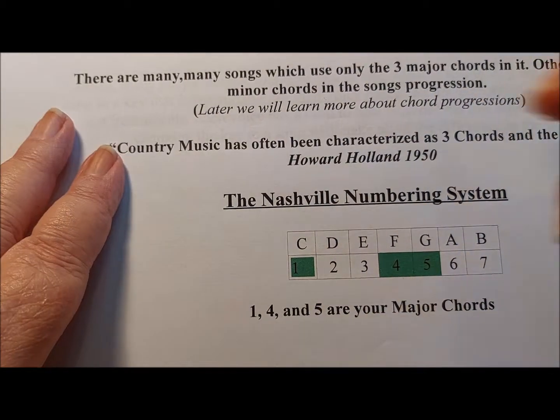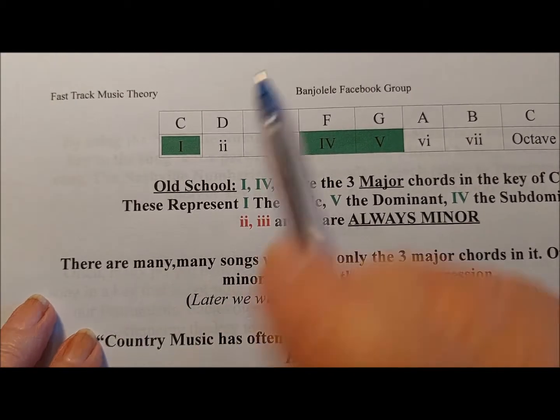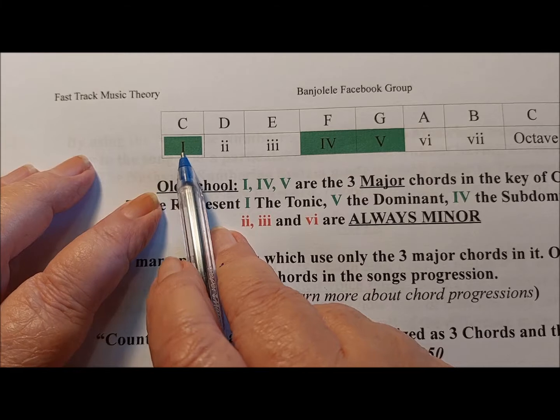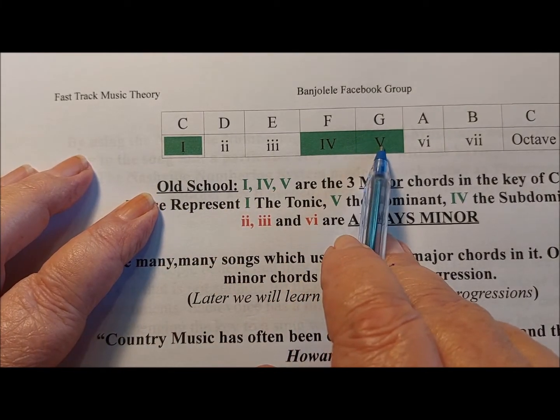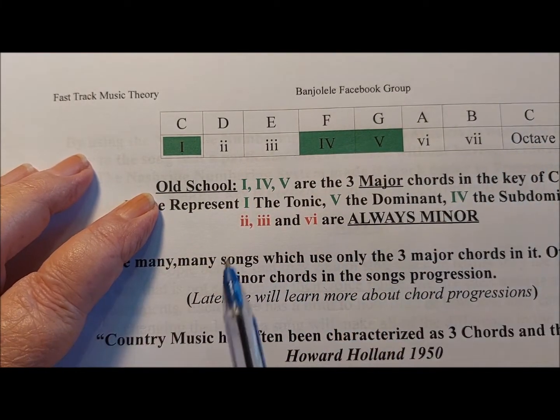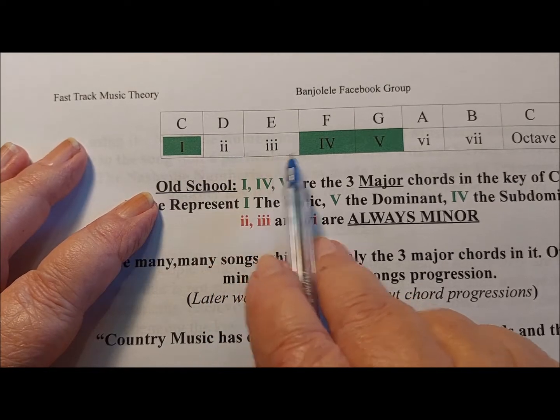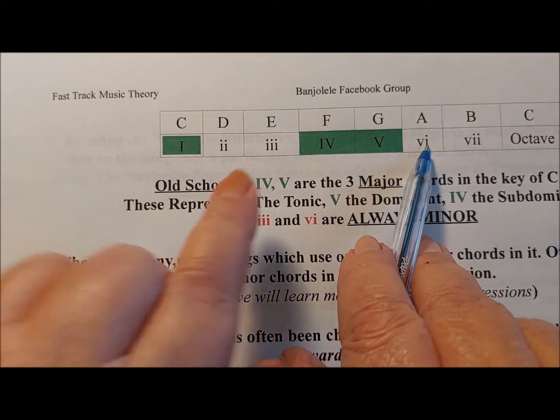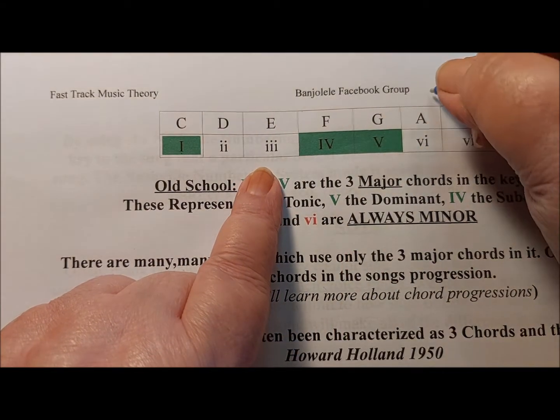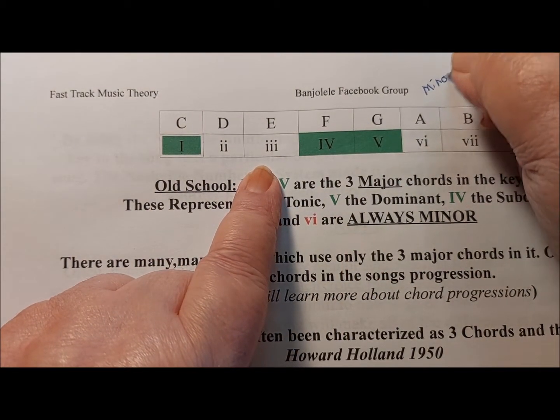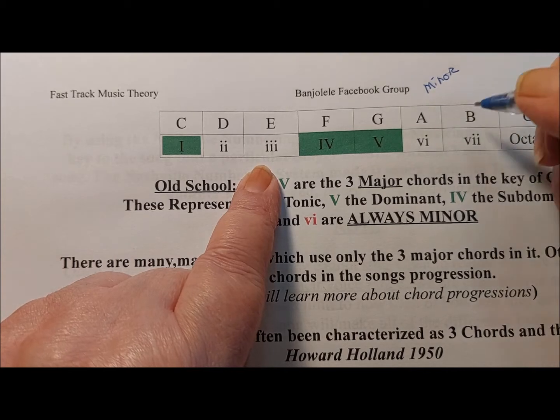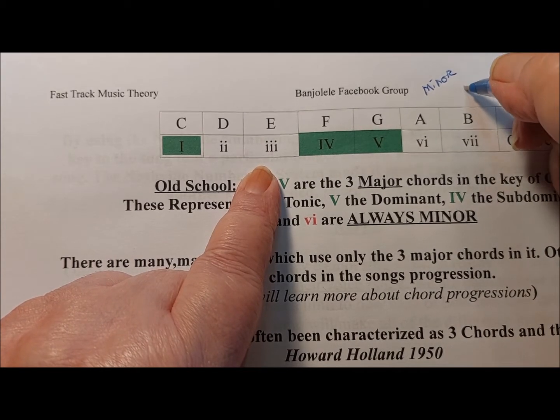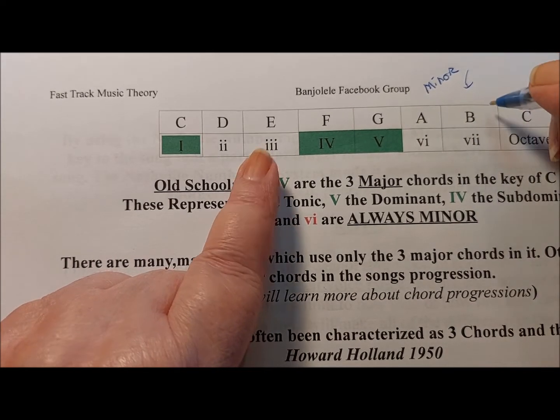In the old days, they marked it like this, with the Roman numerals 1, 4, 5, and then your octave. Number 2, 3, and 6 are always minor chords, and 7 is usually added to bring you back to the first.